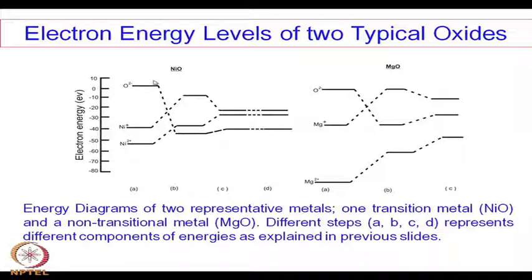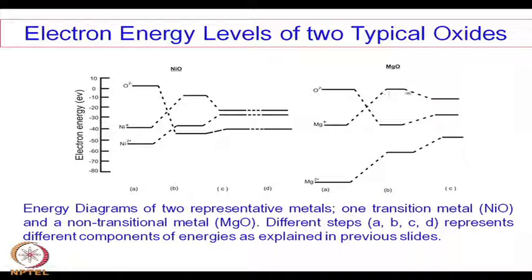Then we have added the electron. As soon as we add the electron here, the energy goes down from there to there, and this goes up. The energy level goes up here, whereas the oxygen goes down. So the cation energy goes down, and the energy level of the electron added to the cation goes up.